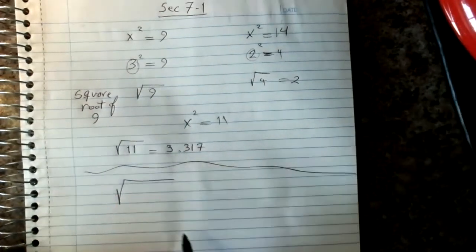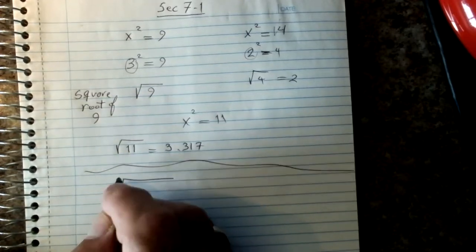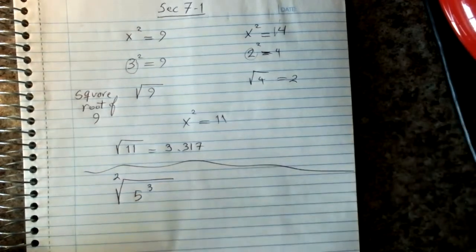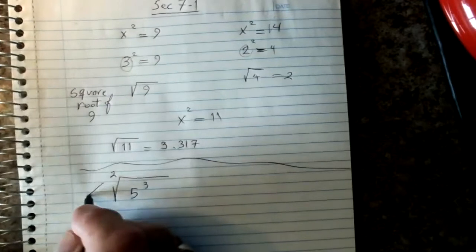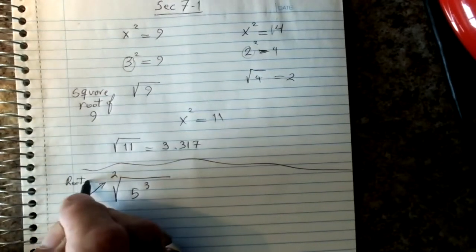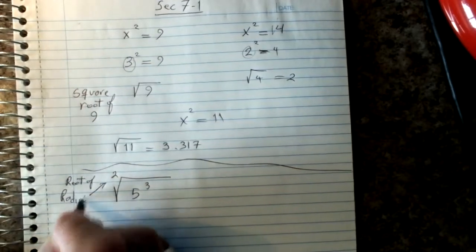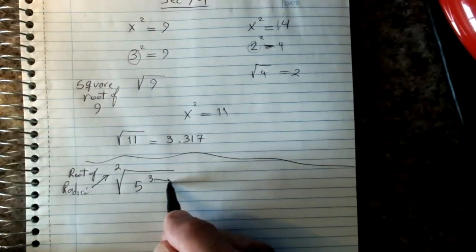a radical, when I write something like this, like 5 and 2 and let's say 3, the number that you see here, they call this the root of the radical. This is the root of the radical, this number 2. 3 is the exponent.